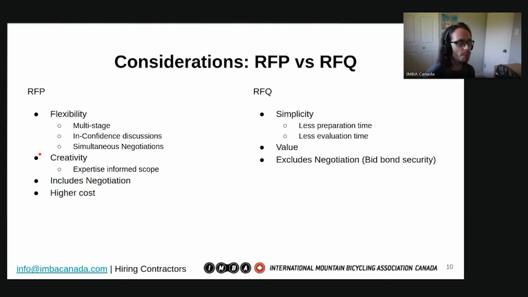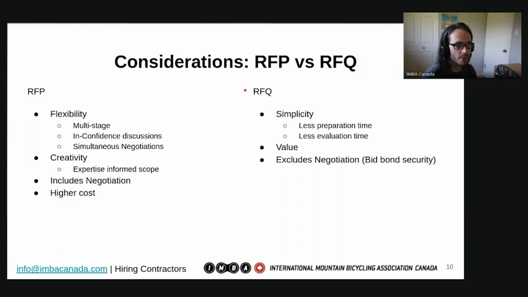But really, we want to make sure that the creative vision of people who we're hiring as experts is retained as much as possible. And so the RFP process can help with that, because we can use their expertise to inform the scope. So it includes negotiation, but because we're asking them what to do, it comes with a higher cost.